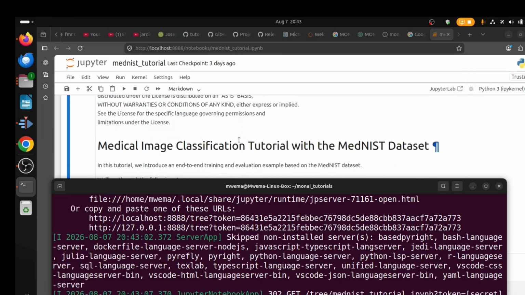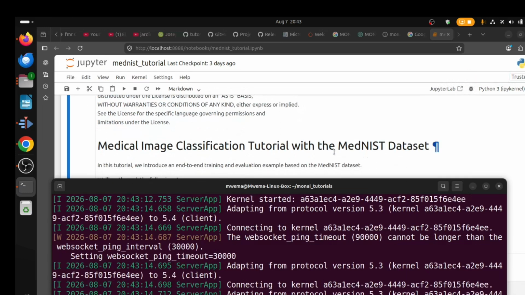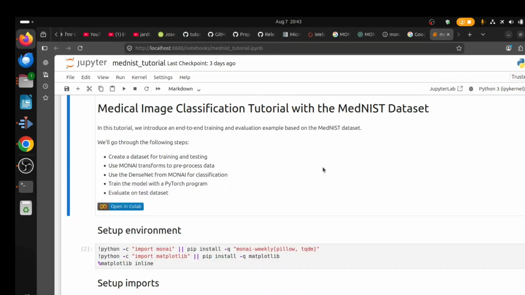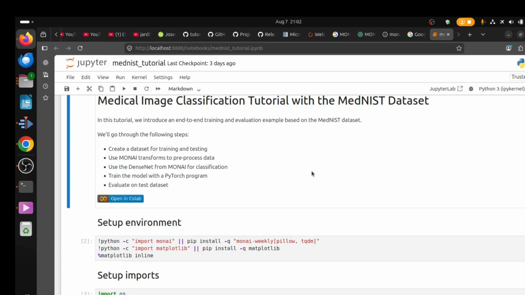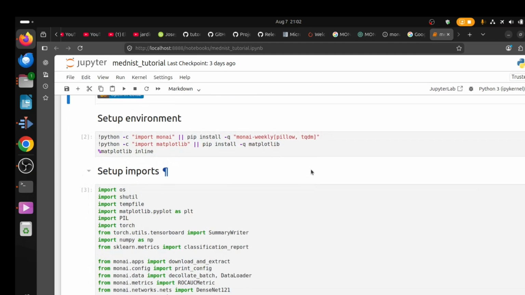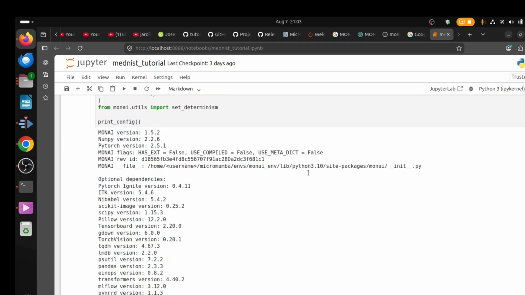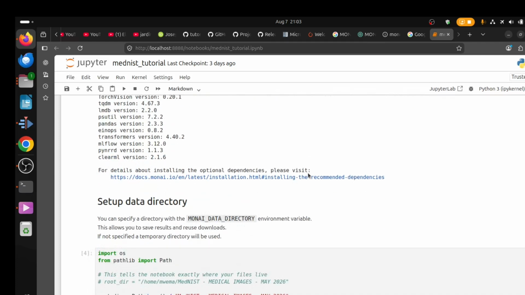This is the notebook which contains the MONAI Madness tutorial that I have been working with throughout this series. This is the notebook that I used in the previous experiment.